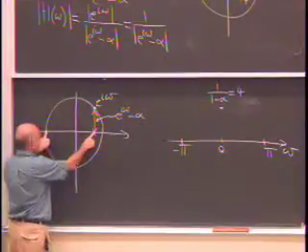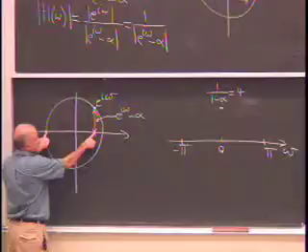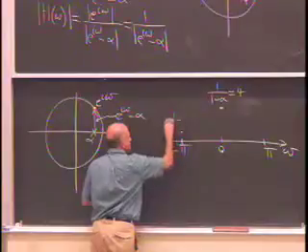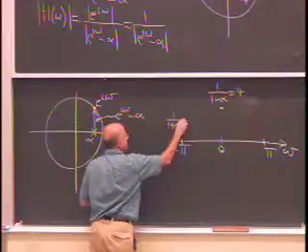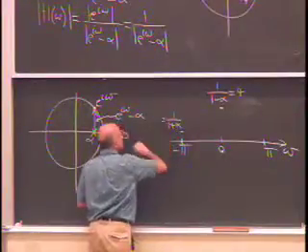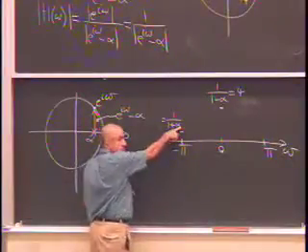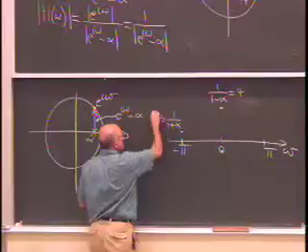What's the length of the vector? 1 plus alpha. And 1 over that is 1 over 1 plus alpha. And for our case, what is that number? 1 plus alpha, 1 plus 3/4? 7/4, so 4/7.